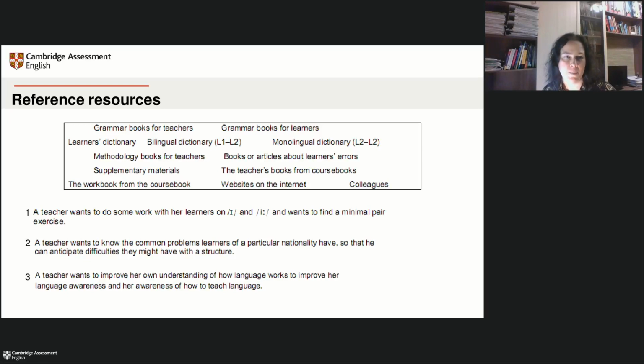And we have 3 situations. It's another matching task if you want. So which resource do you think these teachers need? A monolingual dictionary, maybe.